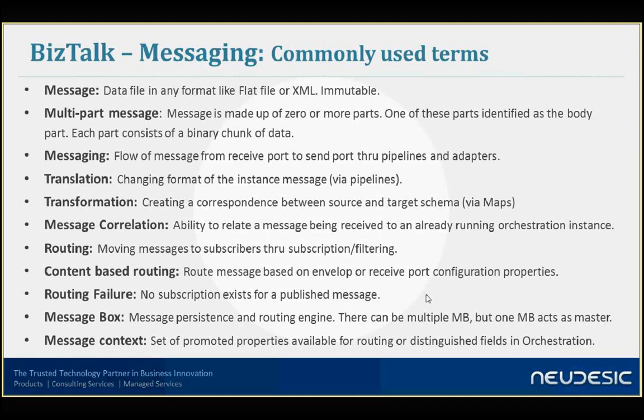Message context is a set of promoted properties available for routing, or distinguished fields in orchestration. Message context is one important part of a message which is used throughout messaging for routing, as distinguished fields or promoted properties, or in orchestration.